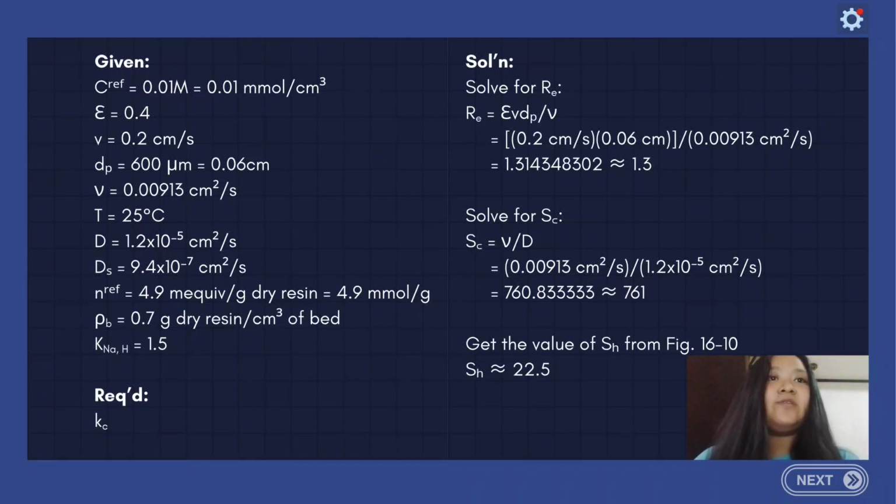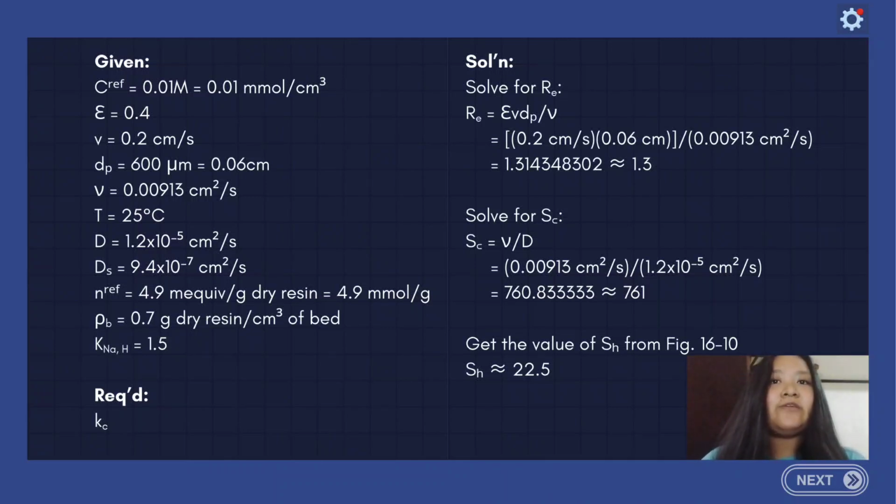Next, we have to solve for the Schmidt number, which is kinematic viscosity over the diffusion coefficient of sodium ion. That is equal to 0.00913 cm squared per second over 1.2 times 10 raised to negative 5 cm squared per second, which is approximately 761.